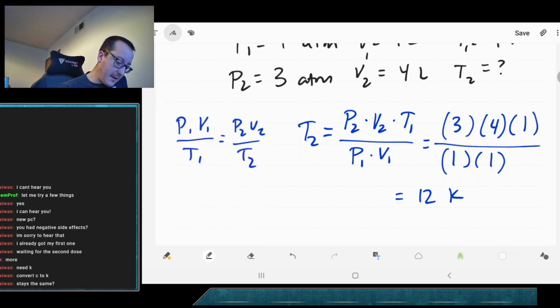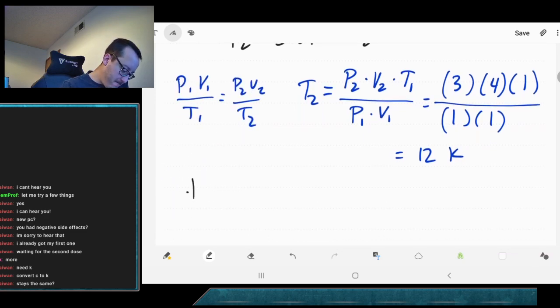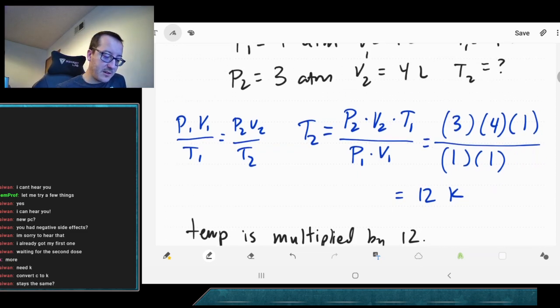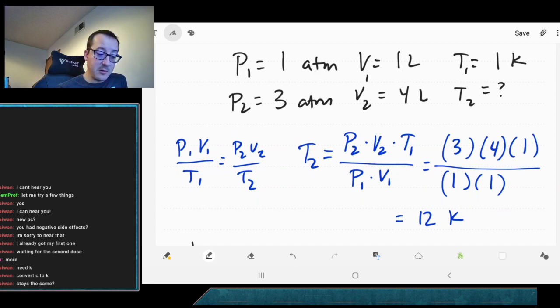So we're going to see that the temperature overall is multiplied by 12. If you chose 2 instead, you would get 2, 2, and then 6 and 8, right? And you would still get the same thing: 48 divided by 4, which is 12.